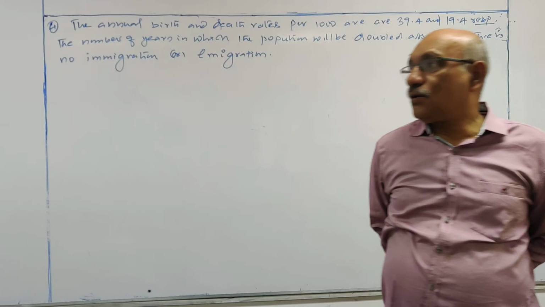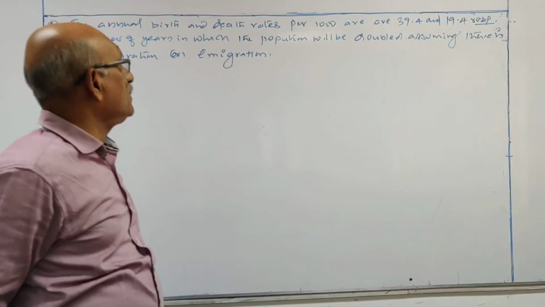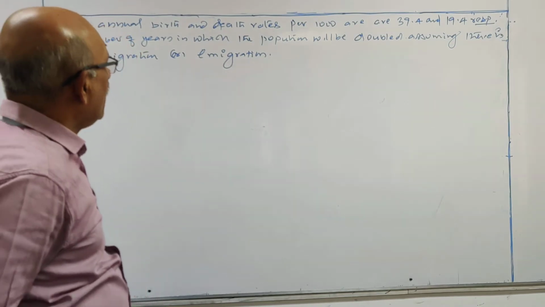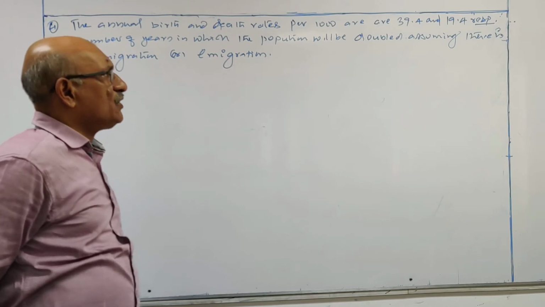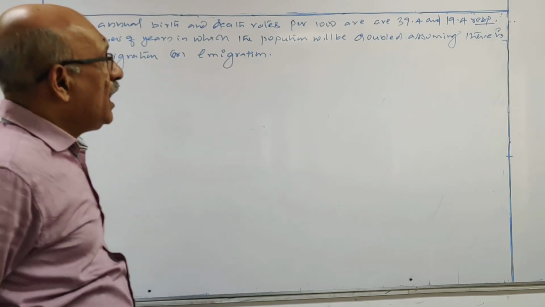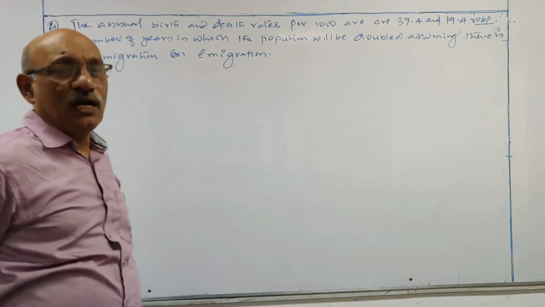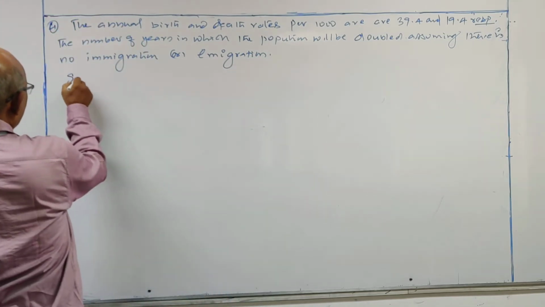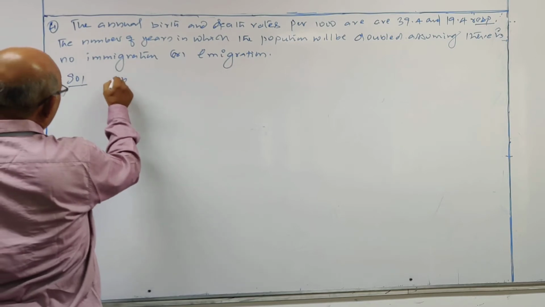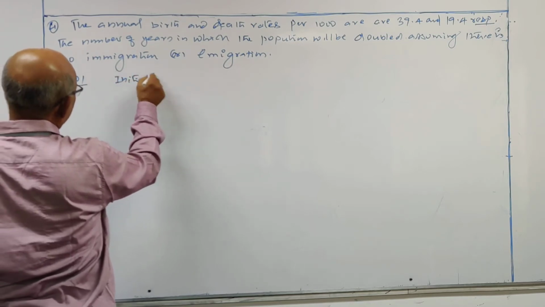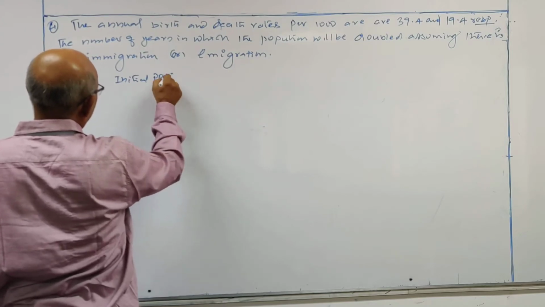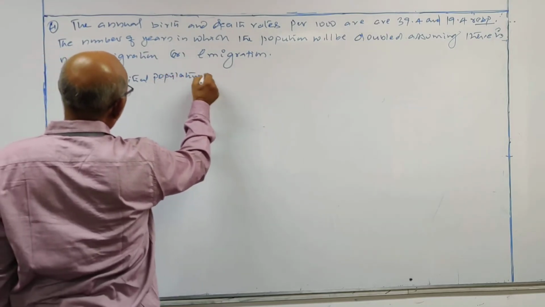Look at the question one more time. Birth and death rates per 1000 are given, and you have to calculate in how many years the population will be doubled, assuming there is no immigration or emigration. Okay, so see the solution. Initial population P0.